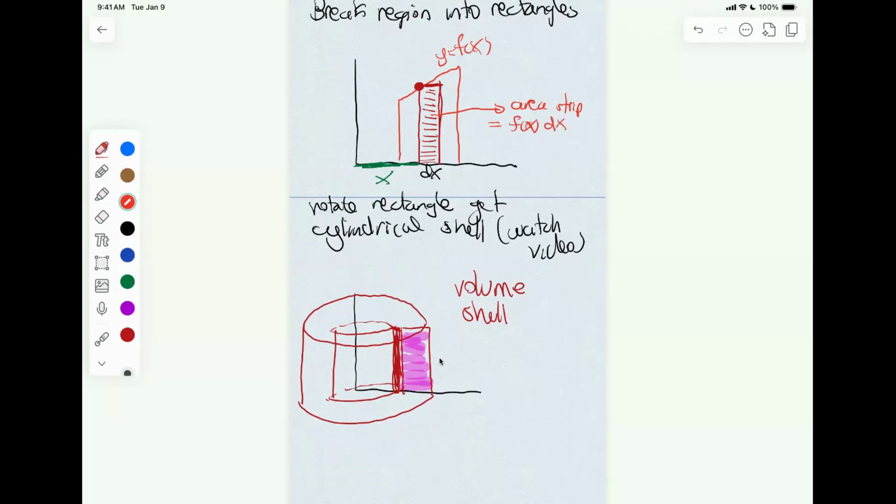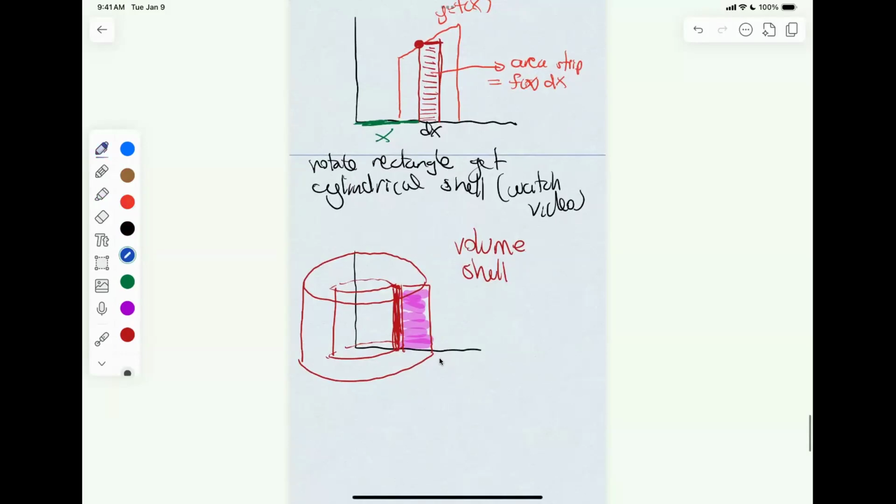Once you rotate it, you get a circle of radius x, because that's how far this segment is from the axis. You get this inner circle of radius x, and you're sweeping out this strip along that circle as you rotate it.